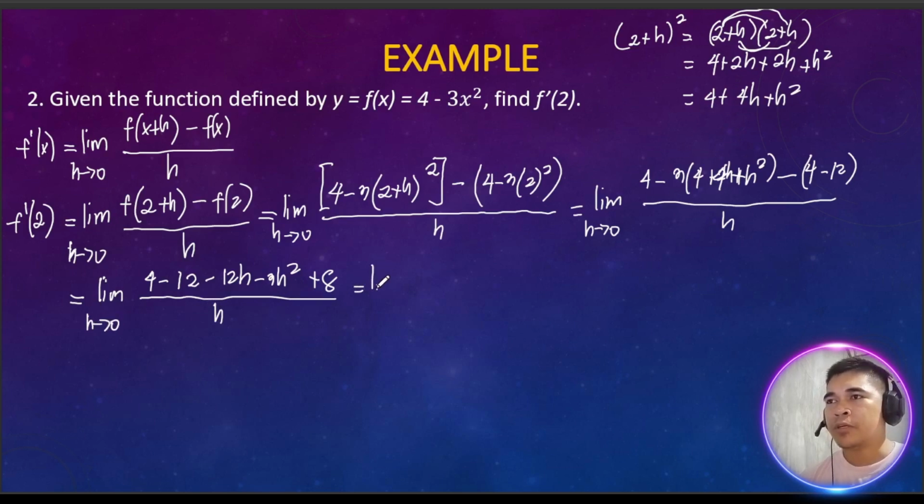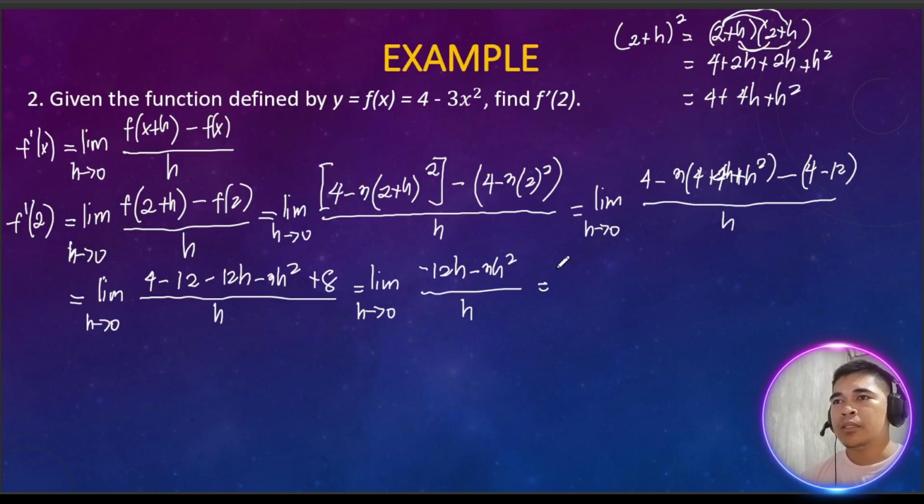Next, simplify further. Limit. We got 4 plus 8, 12. Positive 12 minus 12, that is 0. So, ang nabilin na lang is negative 12h minus 3h squared over h as h approaches 0.